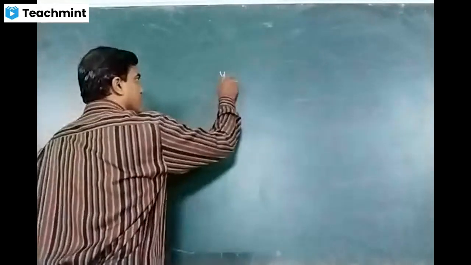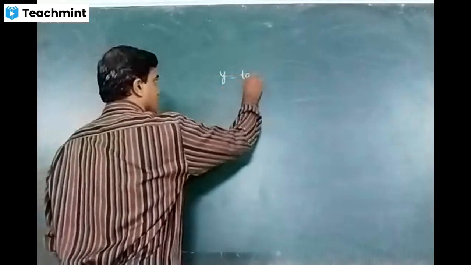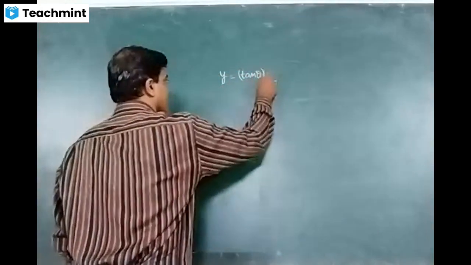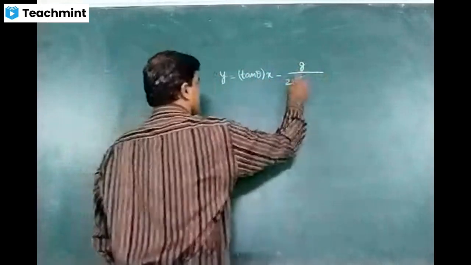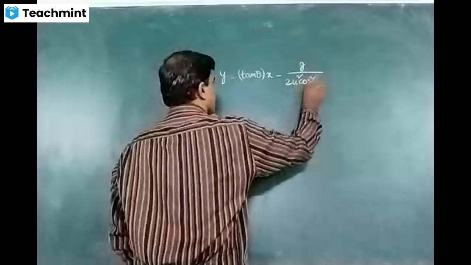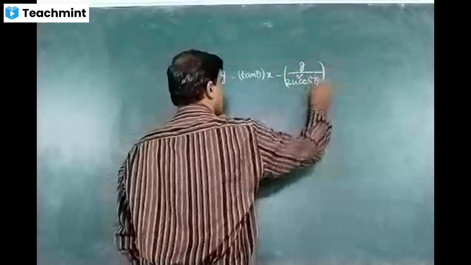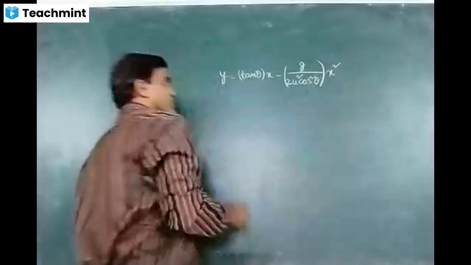Let me write the formula again. We got the projectile equation as y is equal to tan theta x minus g by 2u square cos square theta into x square.